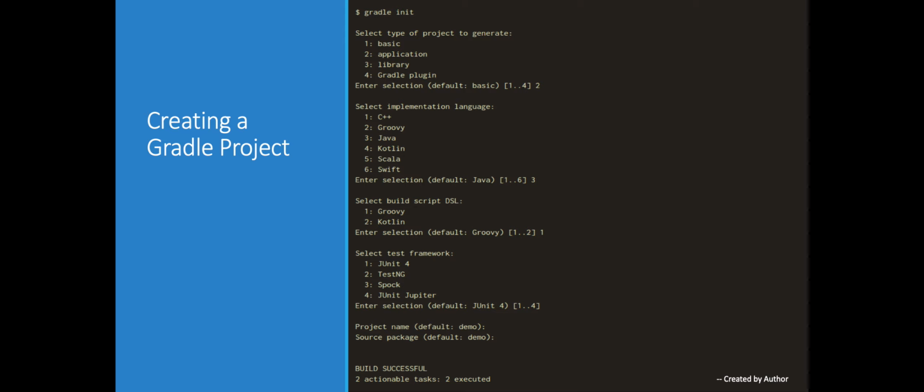When prompted, select number 2, application as your project type, and number 3, Java as implementation language. You can choose DSL for build scripts number 1 Groovy. And for all other questions, press enter to use the default options. The output will look like this.